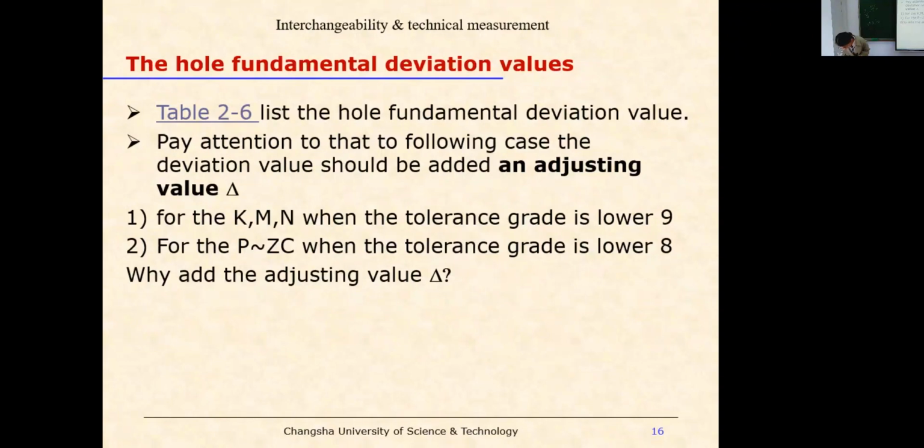EI is minus 6 plus delta. Yeah, minus 26.